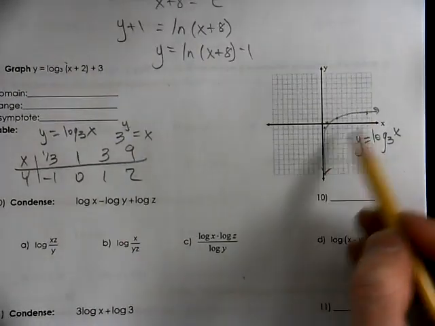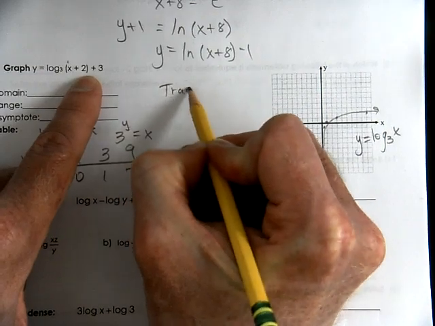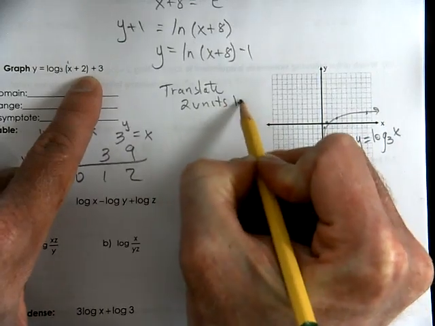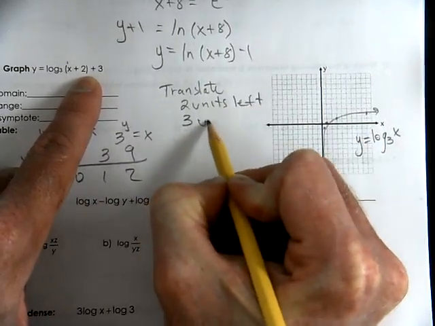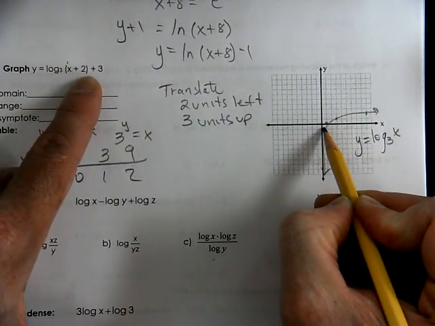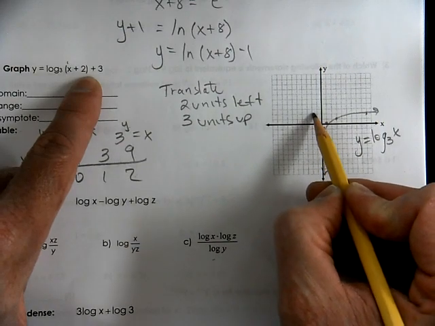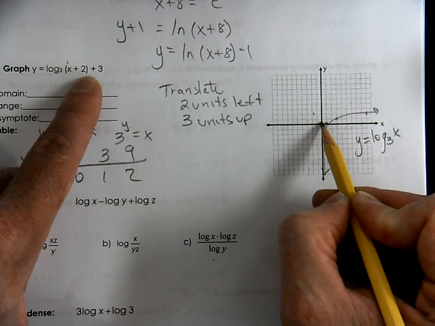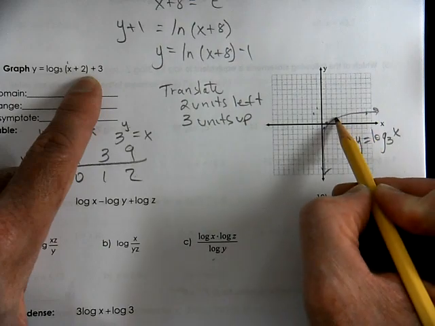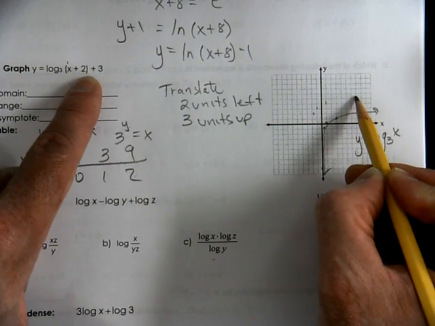So now we're going to take our parent function and translate it. Translate 2 units left, 3 units up. So you take every one of these points and go 2 units left and 3 units up. 2 units left, 3 units. 2, 3. 2, 3.